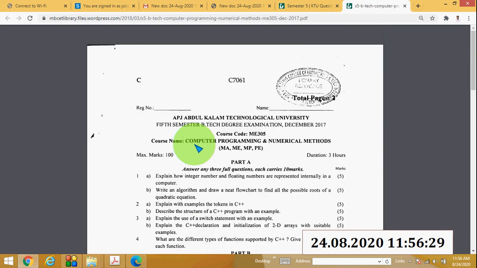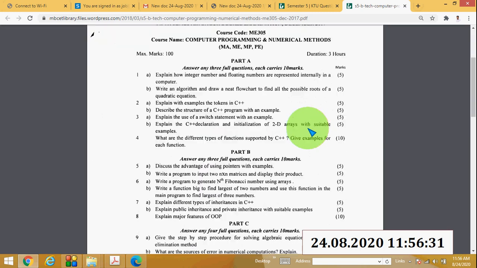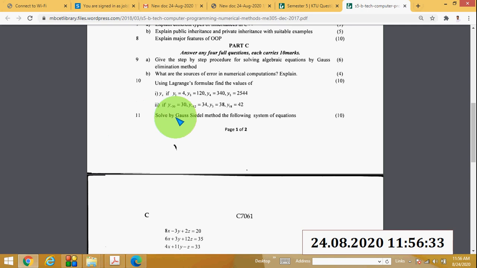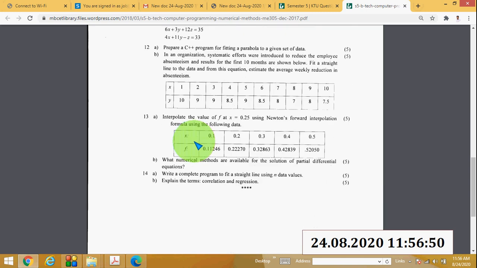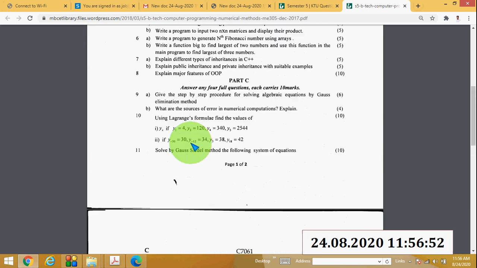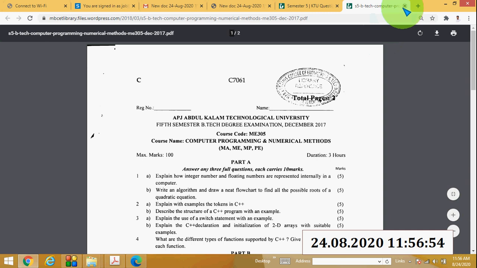This is the December 2017 question paper, question number 11: solve by the Gauss-Seidel method the following system of equations. It carries 10 marks, so you have to solve this. 8x minus 3y plus 2z is equal to 20, 6x plus 3y plus 12z is equal to 35, 4x plus 11y minus z is equal to 33. So that is one question, from December 2017.